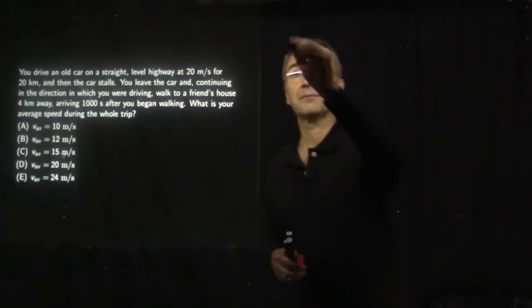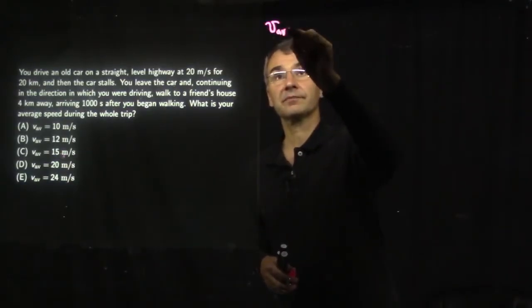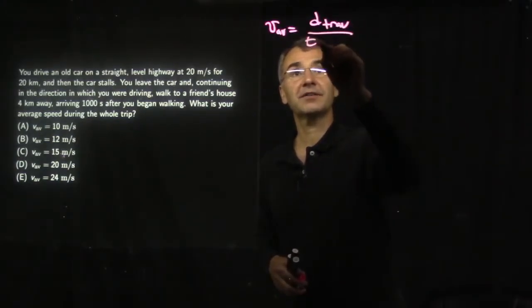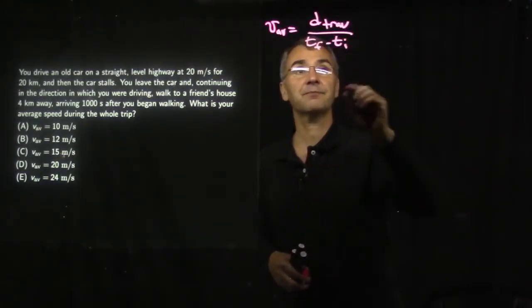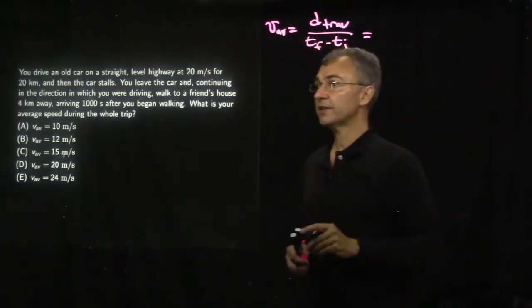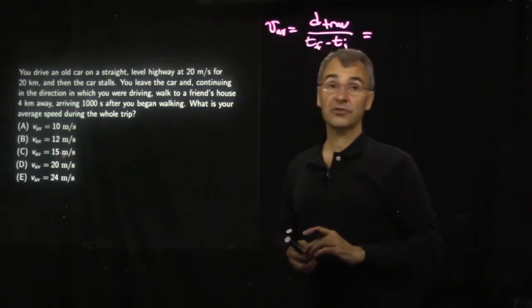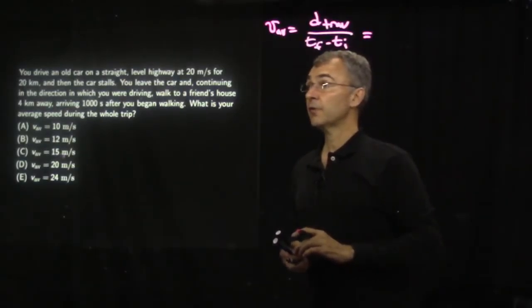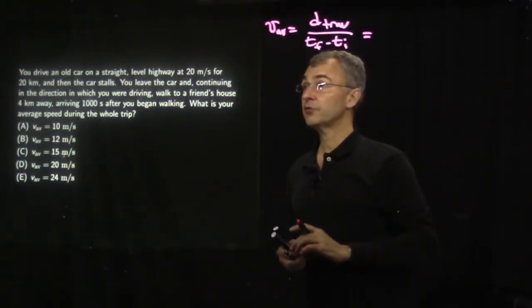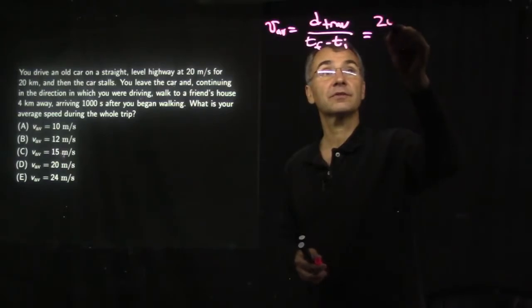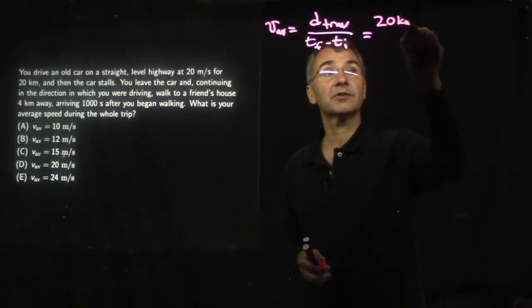Well, average speed is the distance traveled divided by the elapsed time. So what is the elapsed time? Well, I guess we don't... Gee, this is tricky, right? So what is the distance traveled? We have two segments. One is 20,000 meters. Let's say 20 kilometers.